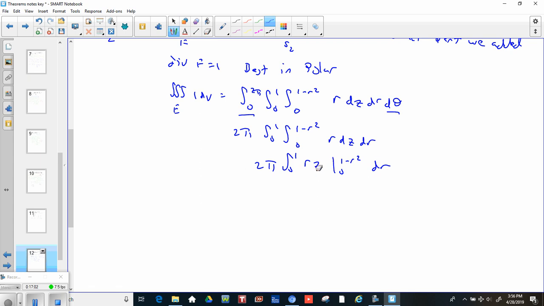So plugging in 1 minus r squared here is going to give me 2 pi integral 0 to 1 r times 1 minus r squared.